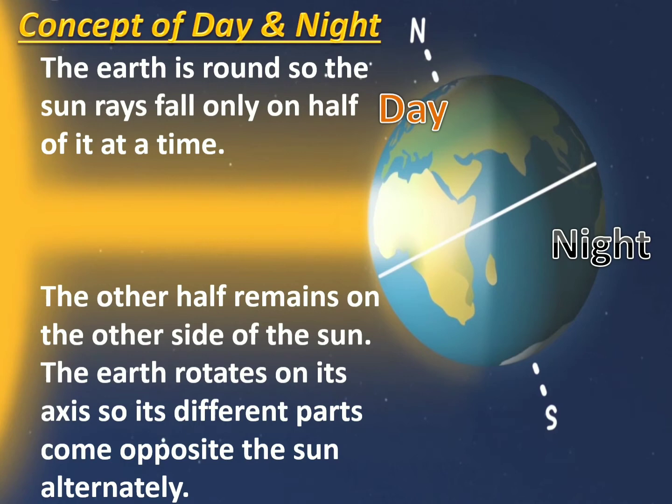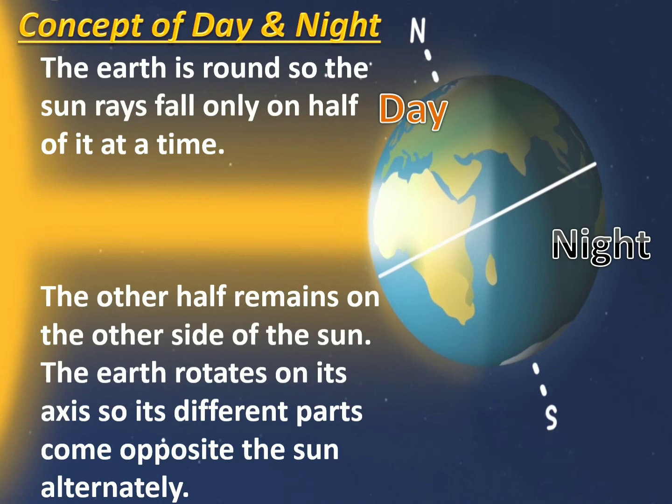Understood? The Earth rotates on its axis, so its different parts come opposite the sun alternately. The area which is in sunlight gradually goes in the opposite direction of the sun, and the area which was in darkness gradually comes into light.